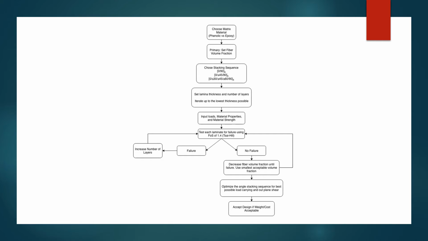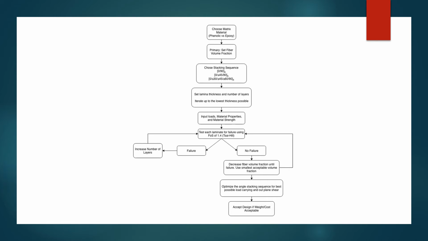Before moving into finalization, here's the flowchart of our work. As you can see, we went from choosing the matrix, setting the volume fraction, and stacking sequence, then we would iterate those stacking sequences, input loads, material properties, and material strengths, and test each laminate for failure using the Tsai-Hill failure criteria and a factor of safety of 1.4.